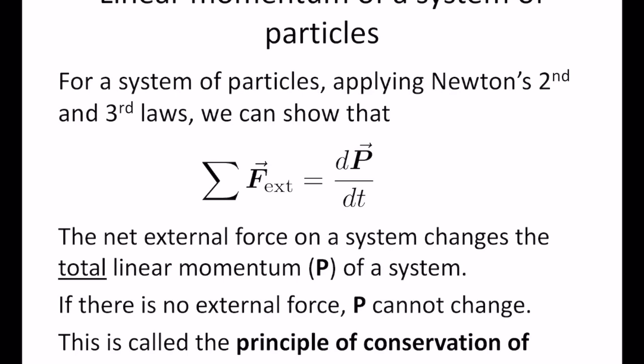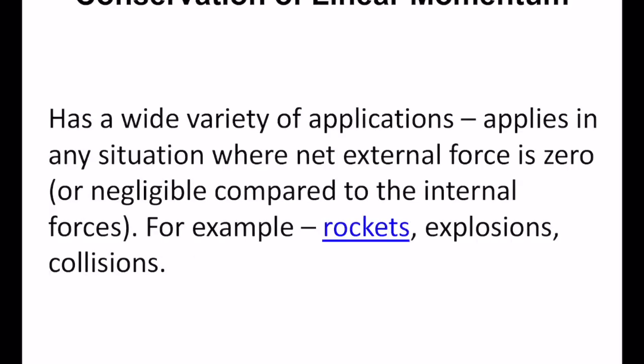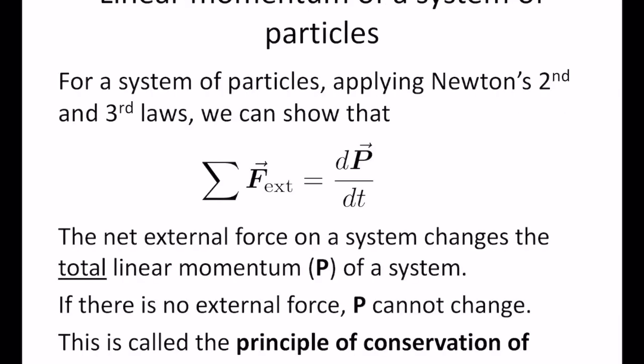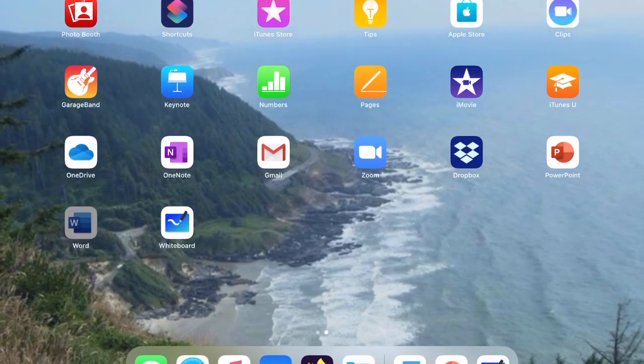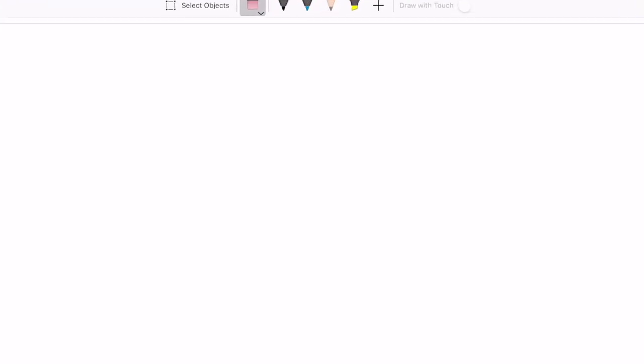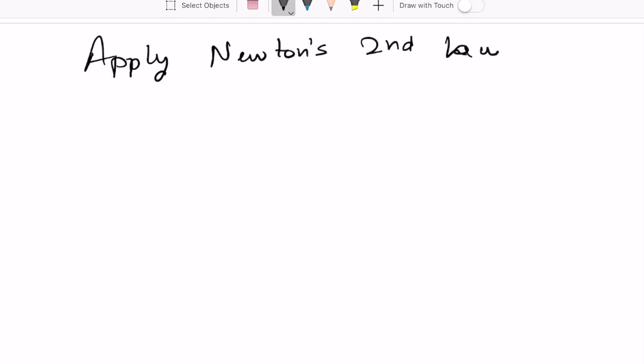The next thing that we'll talk about is applying Newton's second law to a system of particles, and that would lead to conservation of momentum. Okay, so we're going to apply Newton's second law to a system of particles.